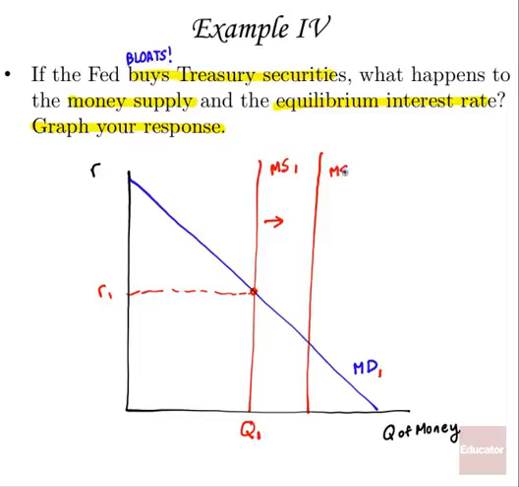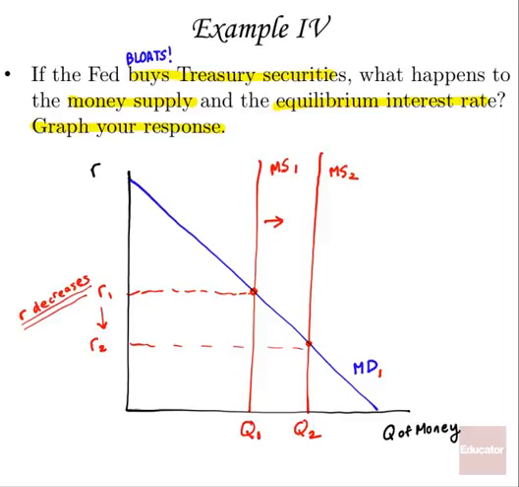This vertical line shifts to MS2, and the interest rates go down from R1 to R2. So R decreases. That makes sense: if there's more money available, then interest rates are theoretically going to go down. So Q2 here. An increase in money supply when the Fed buys government securities shifts the money supply curve to the right and lowers the equilibrium interest rate.